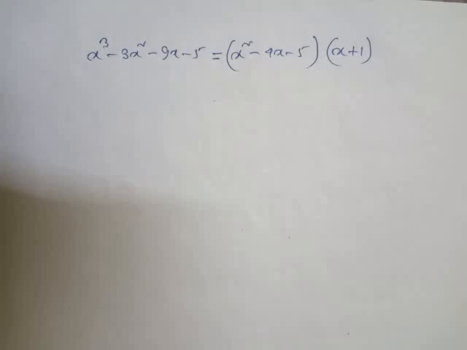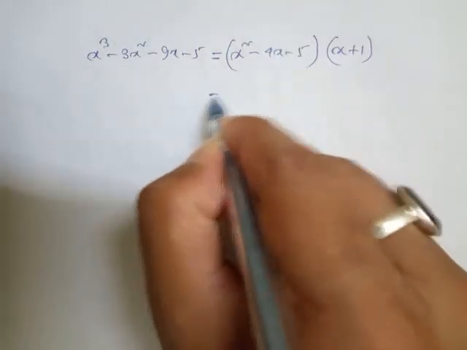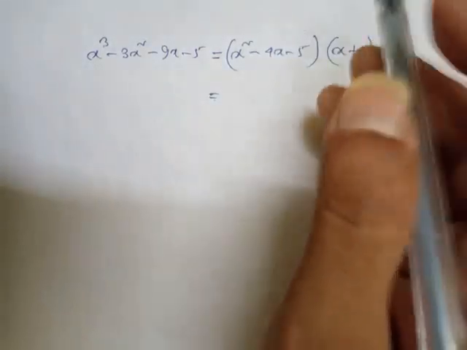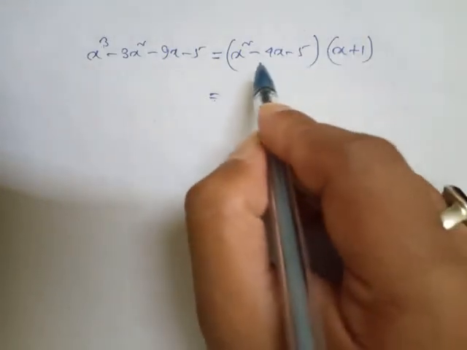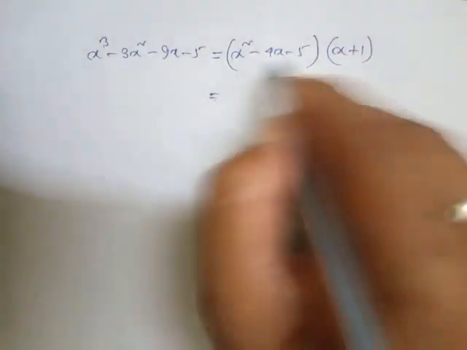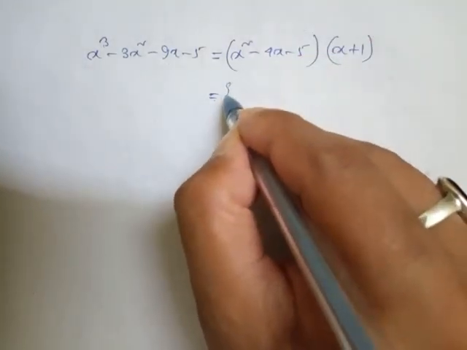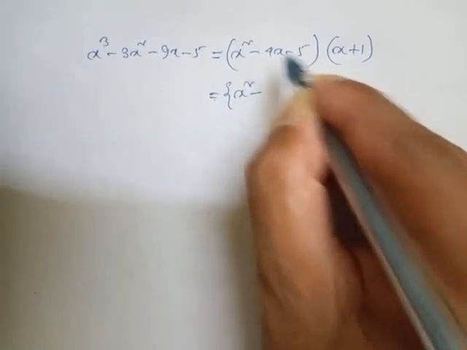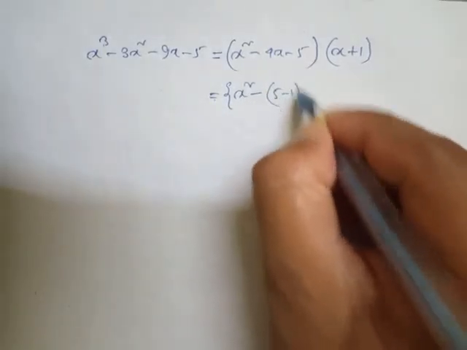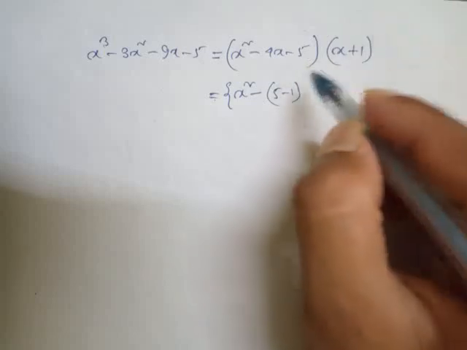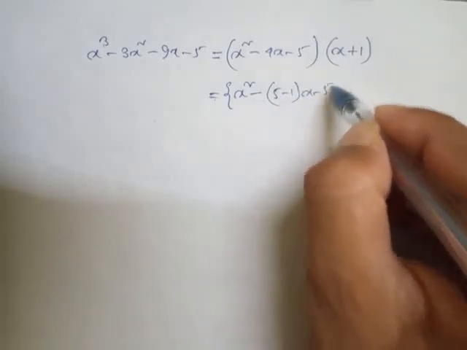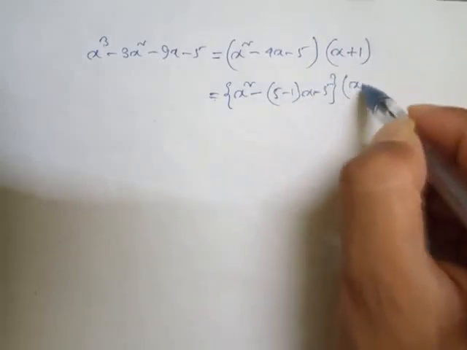Now look, after that, we will go for the help of middle term factorization. This can be solved. So x square, 4 is there, so 5 minus 1 is 4, and 5 ones are 5. My x and minus 5 will be here, then x plus 1.